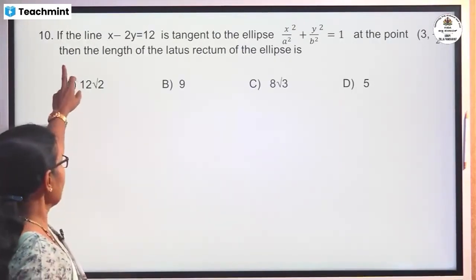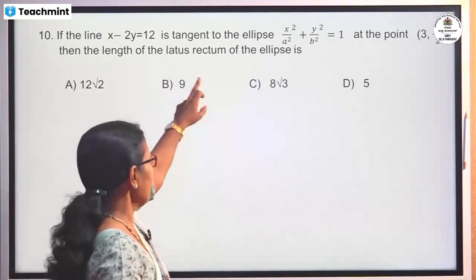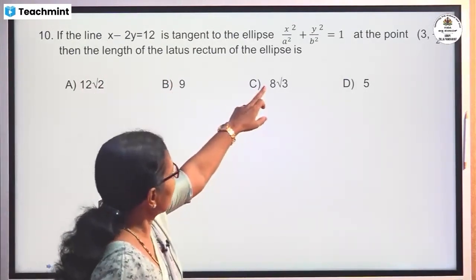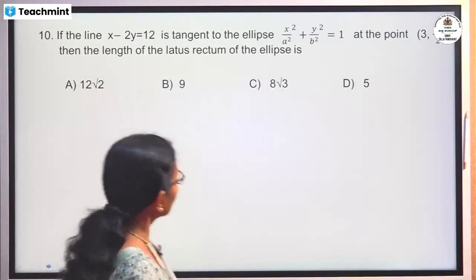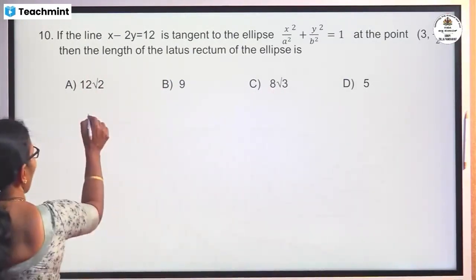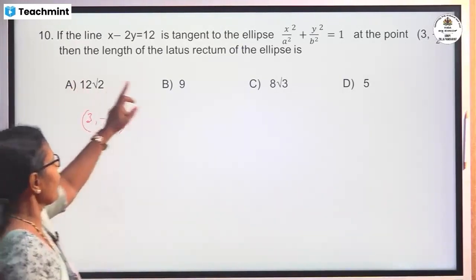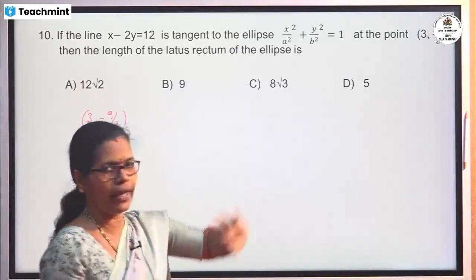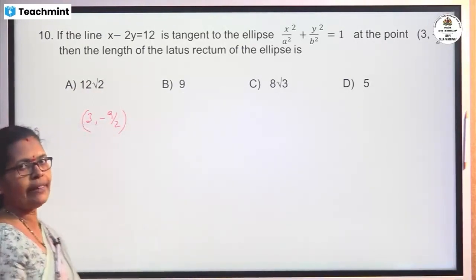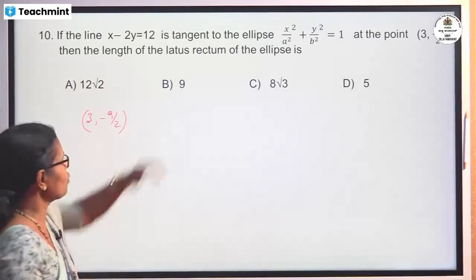Question number 10. If the line x minus 2y is equal to 12 is tangent to the ellipse at the point 3 comma minus 9 by 2, then find the length of the latus rectum of the ellipse.